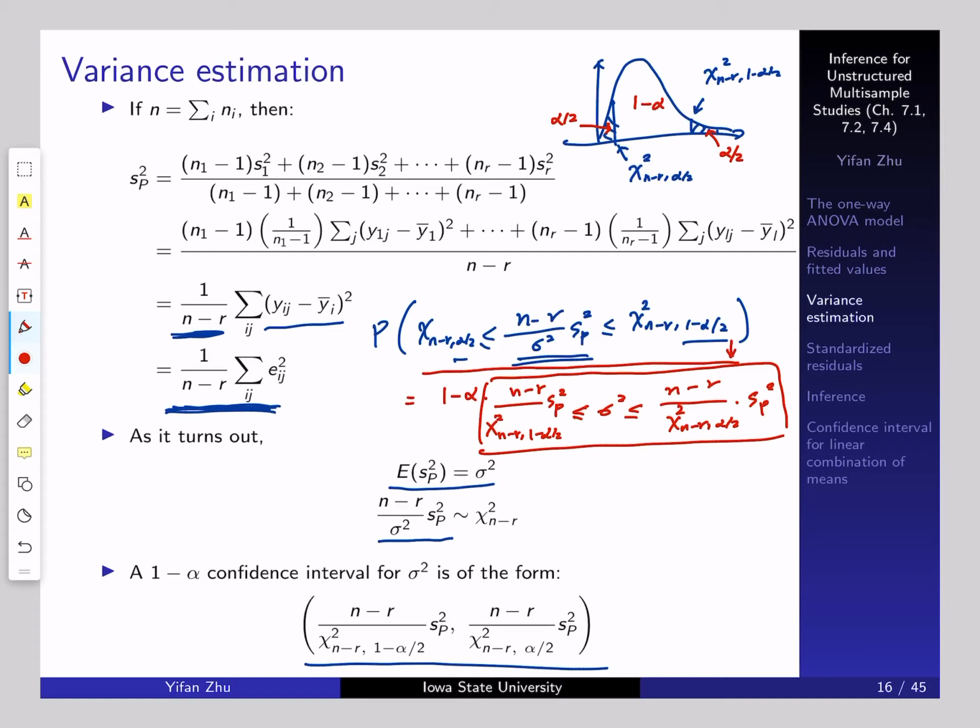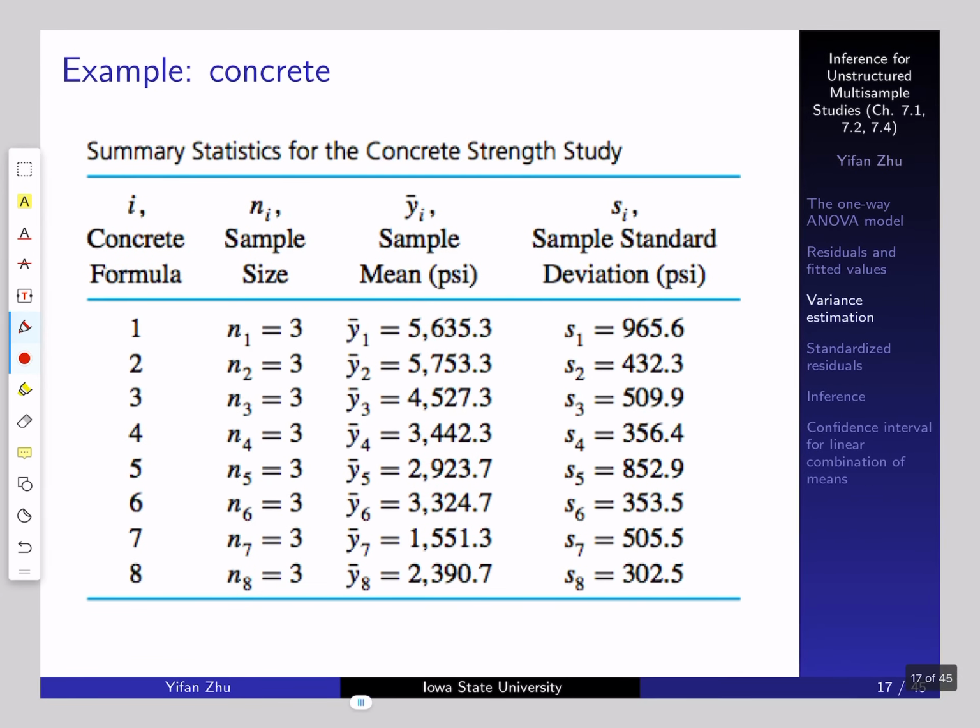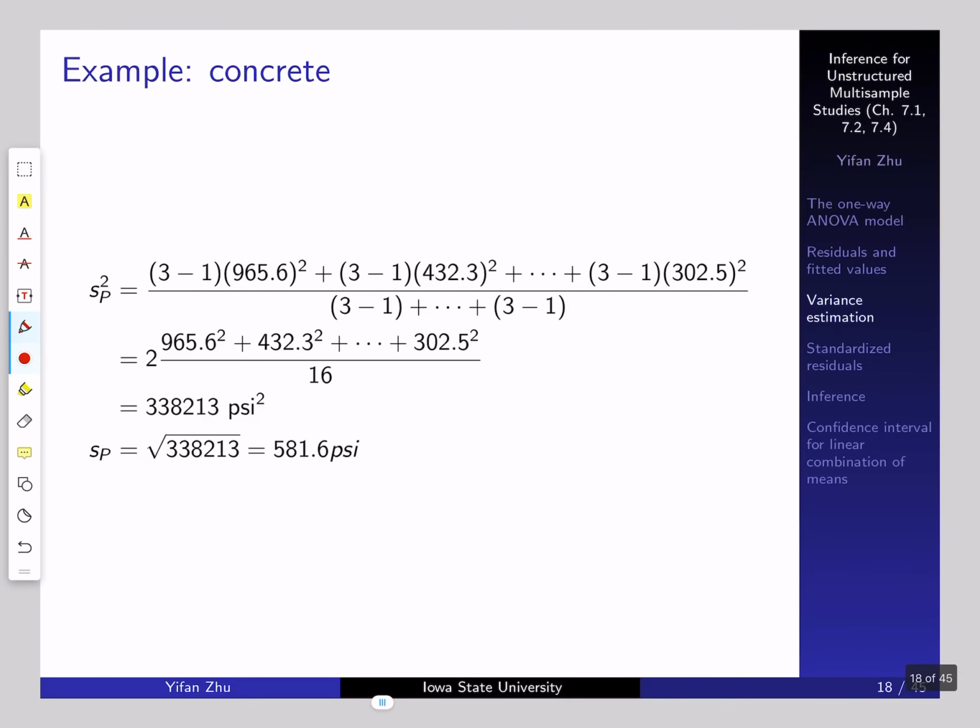And that gives you the two ends of the 1 minus alpha confidence interval. Okay. So again, for the concrete data example, we calculated the sample standard deviations for each level, and the pooled sample variance is 338,213.